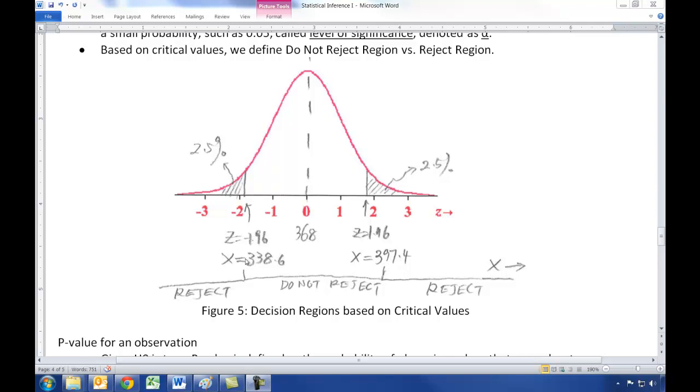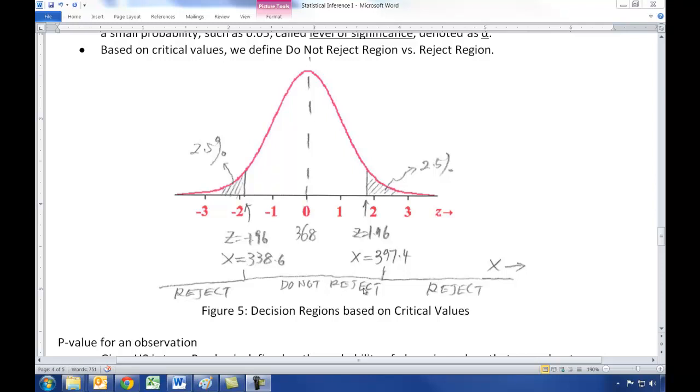Similarly, 338.6 grams is the value associated with z equal to negative 1.96. So based on these two values, namely the critical values, we can divide the raw x scale into three regions. The central region is called the do not reject region. The two other regions are reject regions.